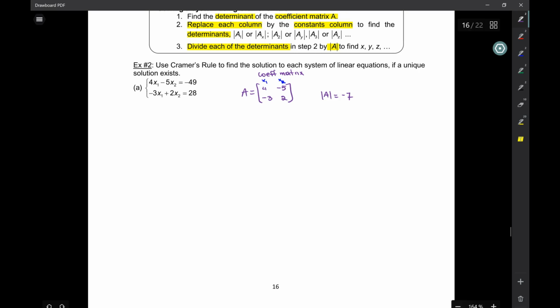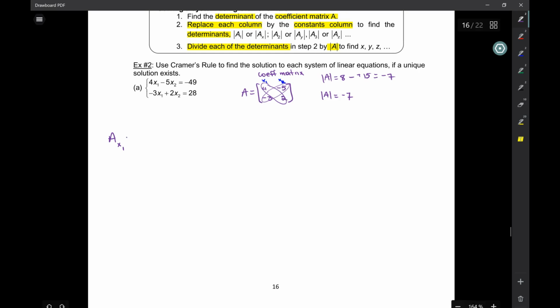Now here's what we're going to do. Okay, determinant is this minus this. So that's +15, right? Which is -7. When we have to find the inverse of A, that's when we do 1 over the determinant. Determinant is just this though.